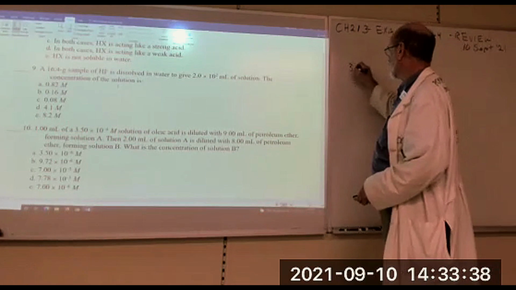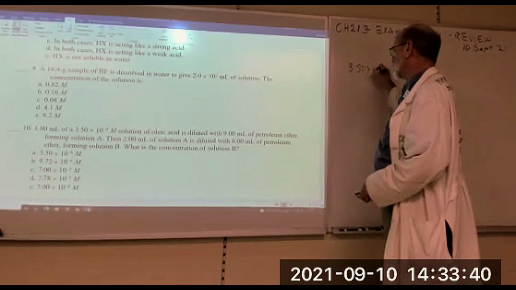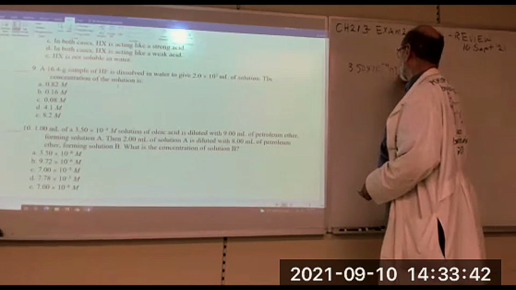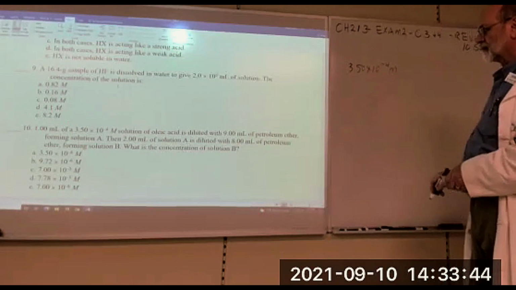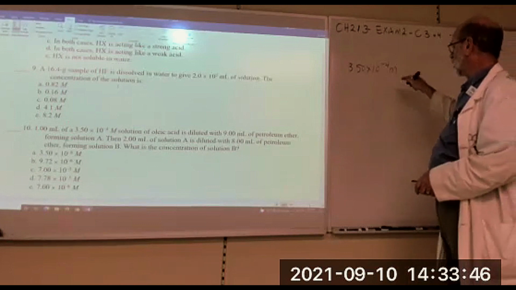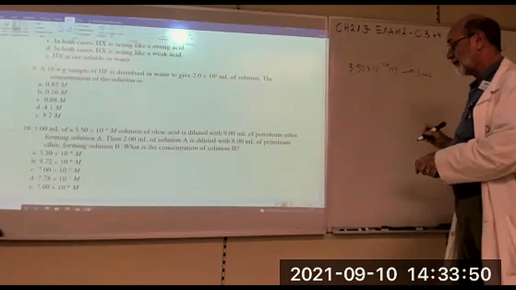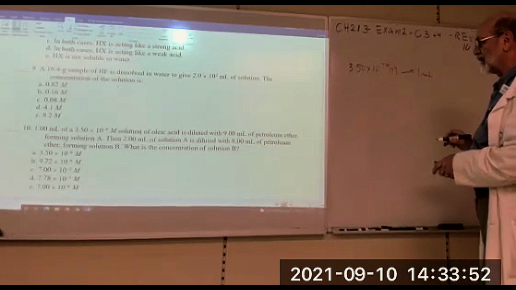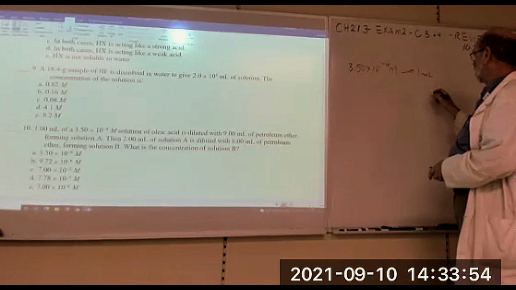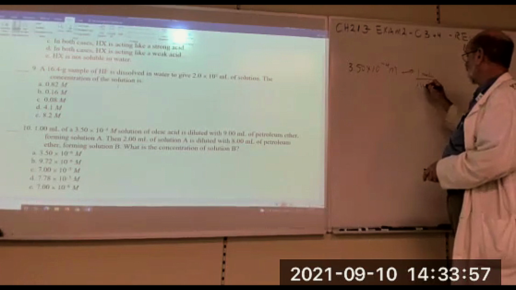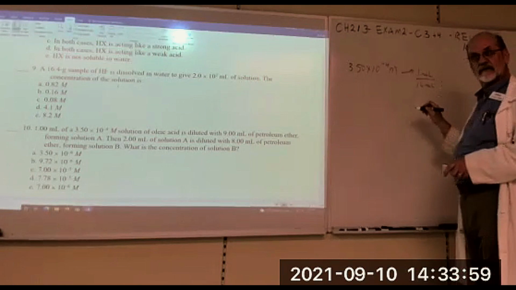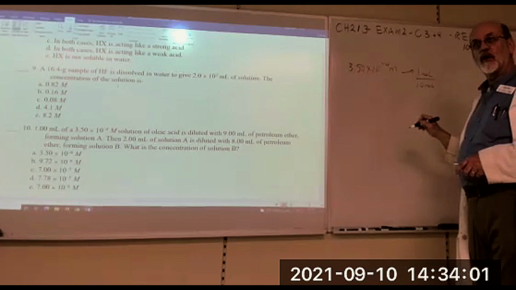So you got 3.50 times 10 to the minus 4th molar of that solution. You take 1 milliliter of it and dilute it with 9 milliliters of petroleum ether. So it's 1 milliliter per 10 milliliter total. So it's a 1 to 10 dilution.